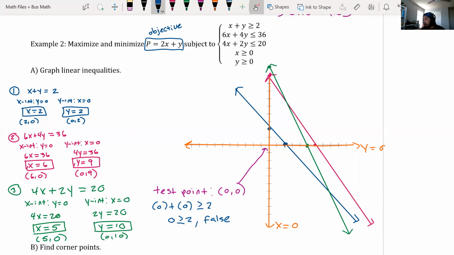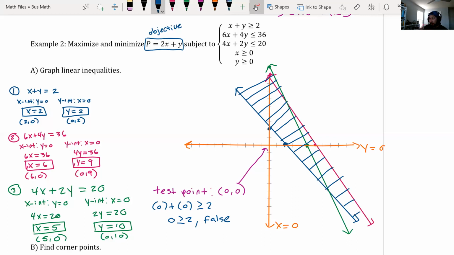Which means for the blue line, we're going to shade away from (0, 0). So for the blue line, we get to shade up. Okay.